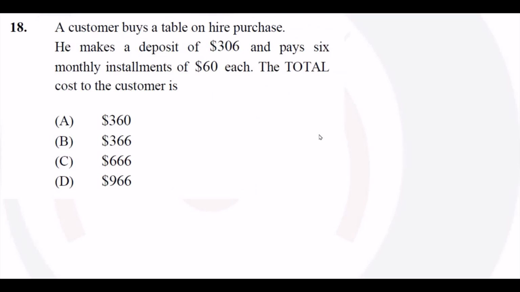Question 18. A customer buys a table on hire purchase. He makes a deposit of $306 and pays 6 monthly installments of $60 each. The total cost to the customer is?